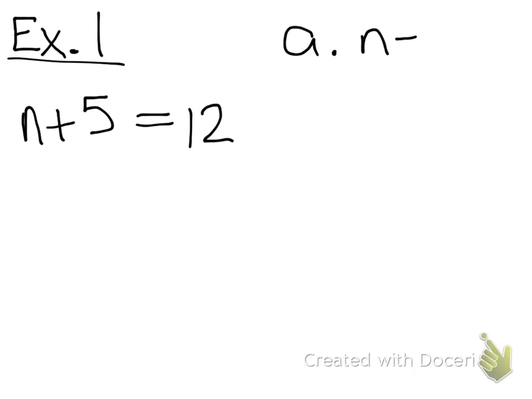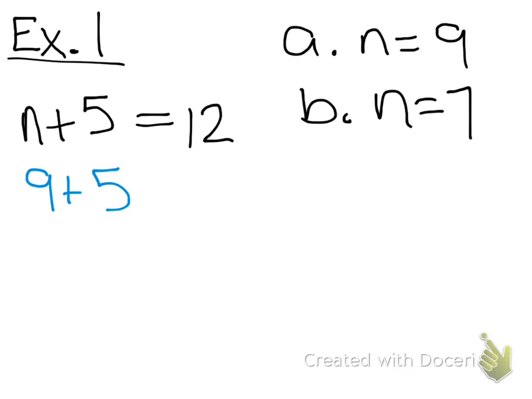Now, in example 1, we're given this equation, n plus 5 equals 12. And it gives us two possible solutions, that n could equal 9 and n could equal 7.